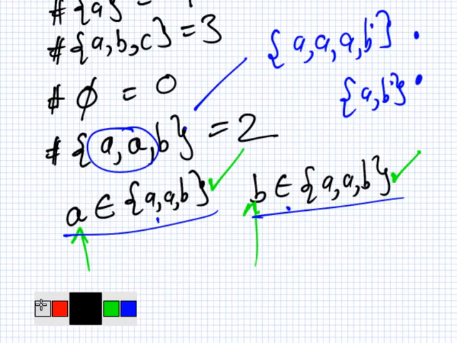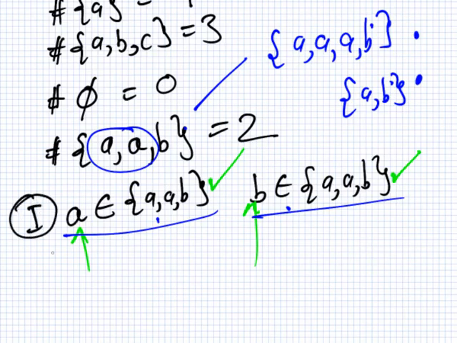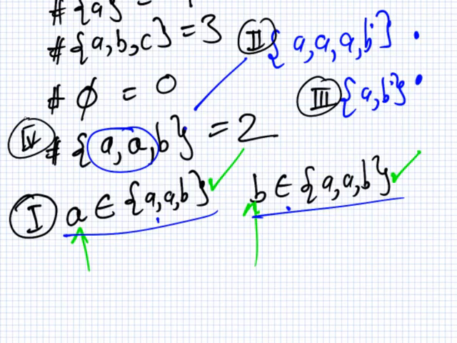It's like if I said, let's call this statement 1, and we'll call this statement 2, and we'll call this statement 3, and we'll call this statement 4. All of these are the same. If I said the set is {A, A, B}, that's the same as saying A belongs to {A, A, B} and B belongs to {A, A, B}, but that's the same as A belongs to {A, B} and B belongs to {A, B}.